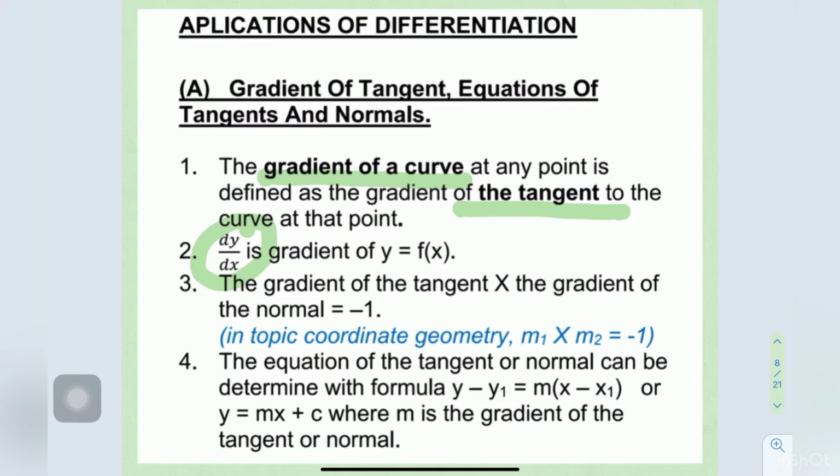We have the formula: gradient of tangent times gradient of normal equals -1, because tangent and normal are always 90 degrees. To find the equation of tangent or normal, we use y minus y1 equals m(x minus x1), or y equals mx plus c.